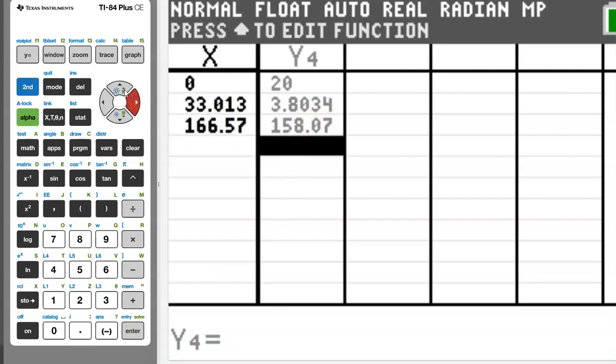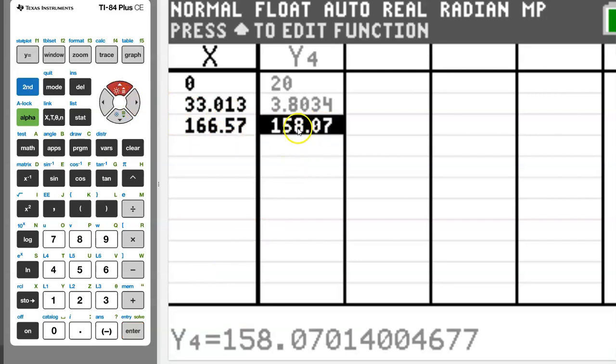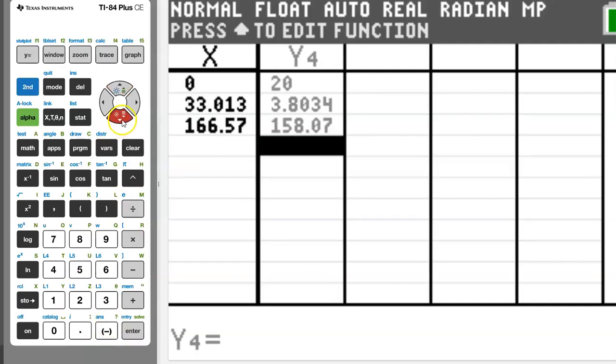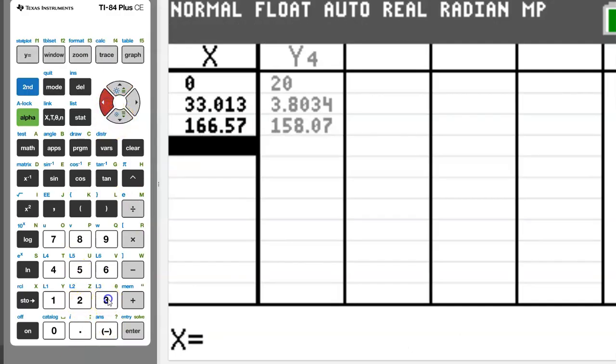I really want 3 decimal place accuracy, so I'm going to highlight this and I get all the decimals. The third decimal was a 0 anyway, so it wouldn't have mattered, but now I know that. 158.070.